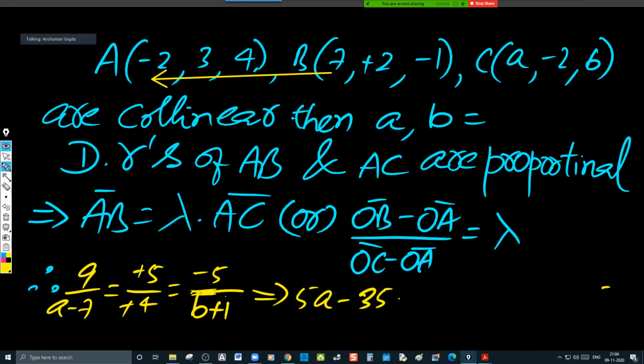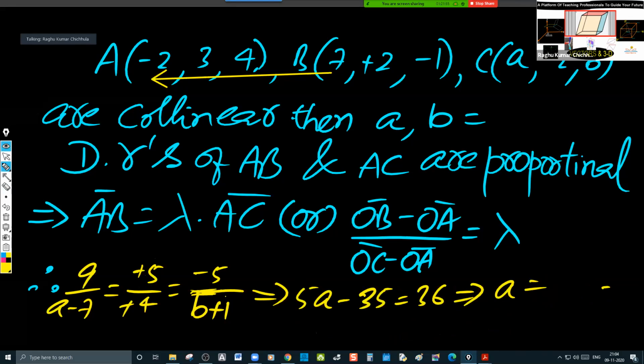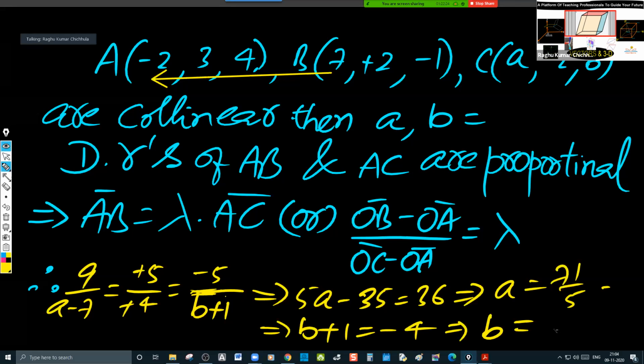So A is 36 plus 35, which is 71 by 5. And here b plus 1 is equal to minus 4, and b is equal to minus 5.